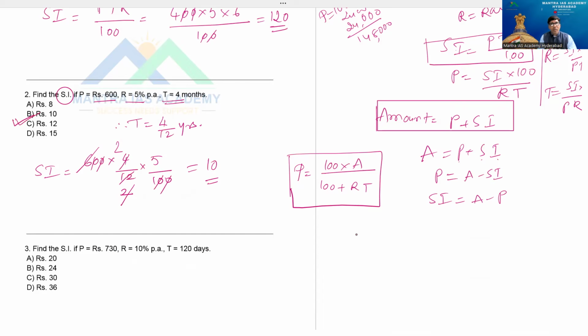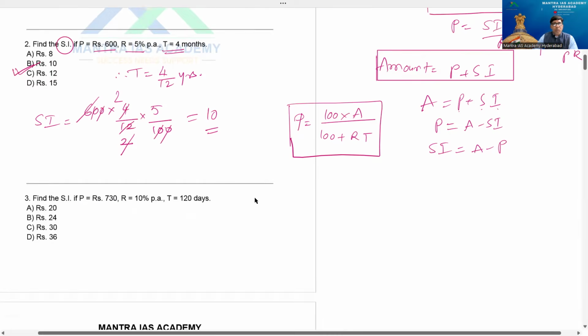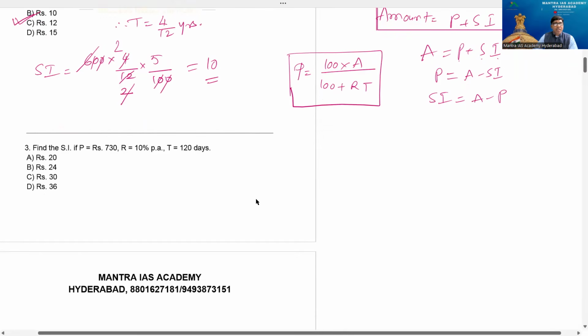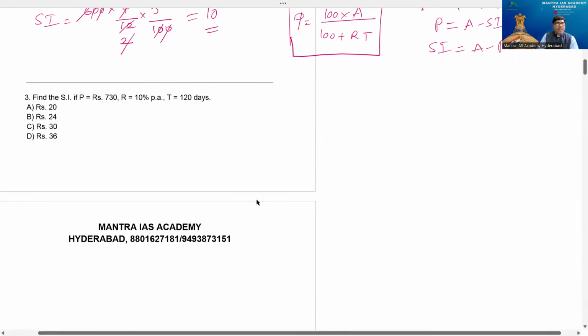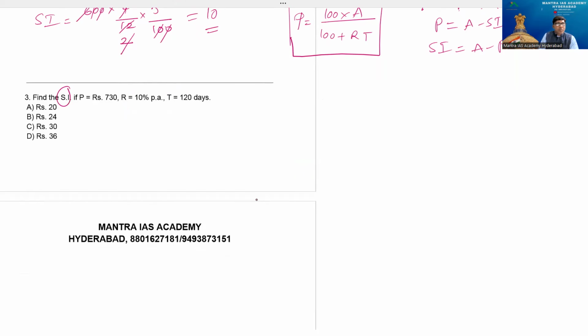Now I've mentioned the first part is years, the second is months. Next, the third problem is what to do if it is in days. That's question number 3. Find the SI. The concept is the same, with these variables: time is 120 days, principal is 730, rate is 10. So how can you write the T value?